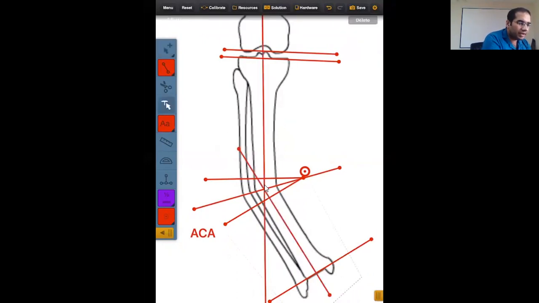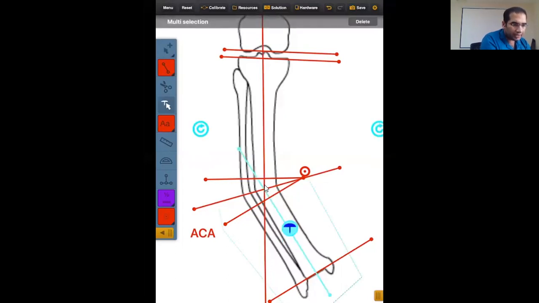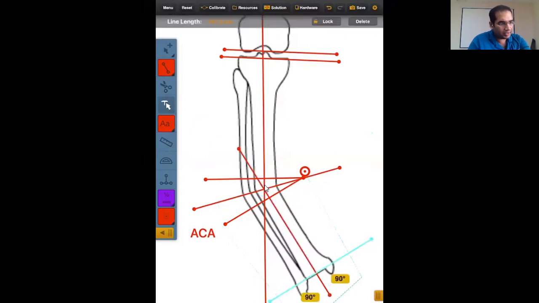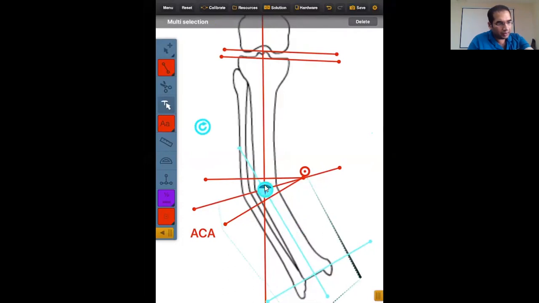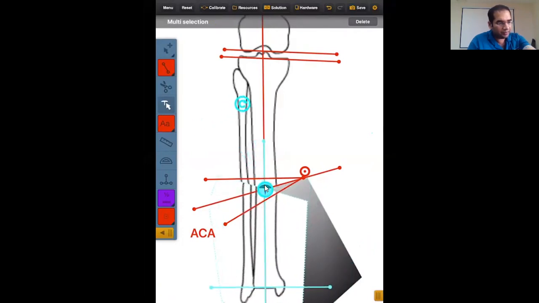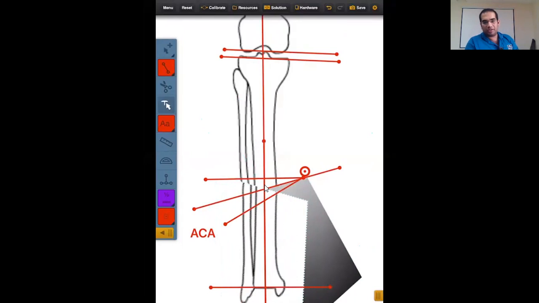If we place our hinge exactly on this point, this will give us a perfect correction. I've placed my hinge over here, and this will give me a perfect correction.